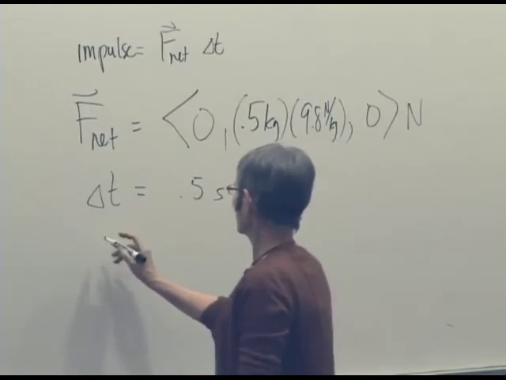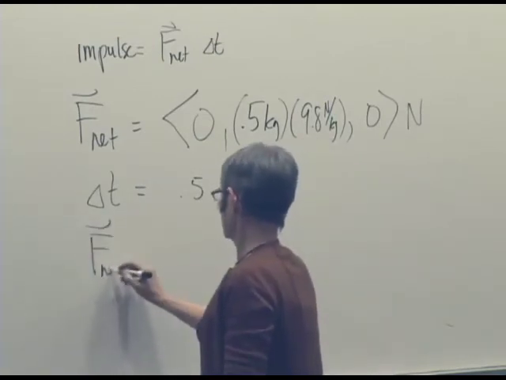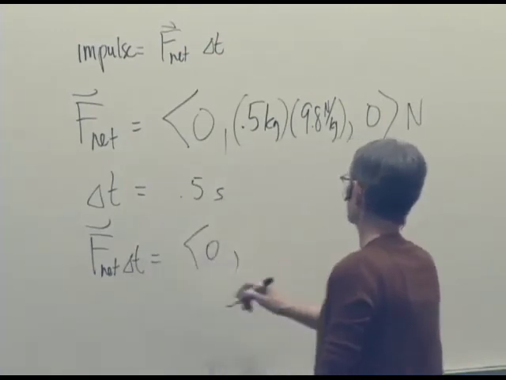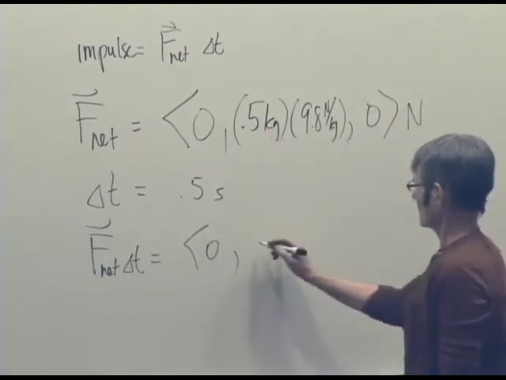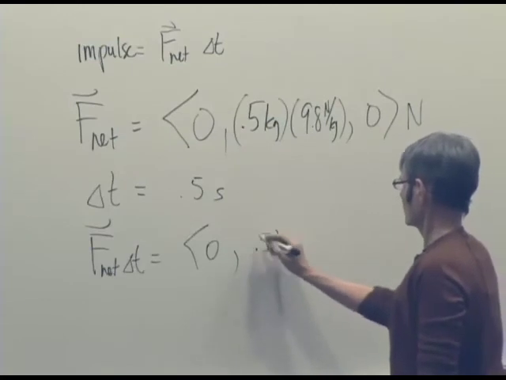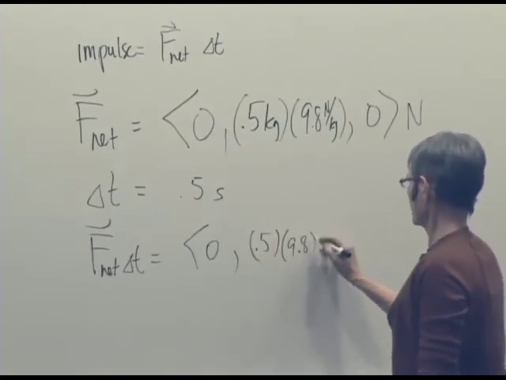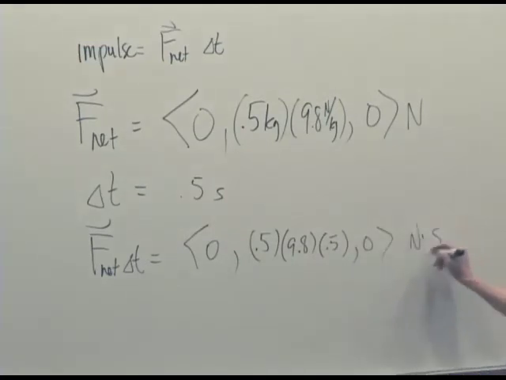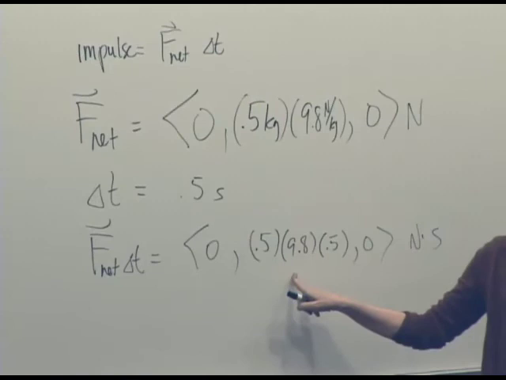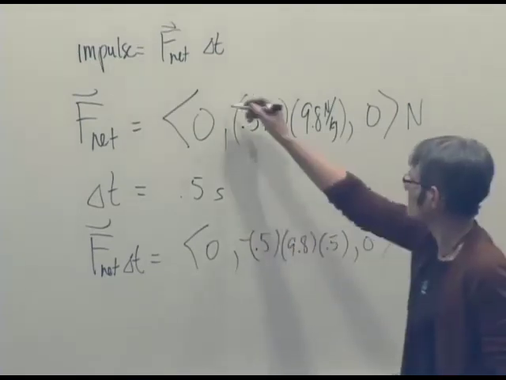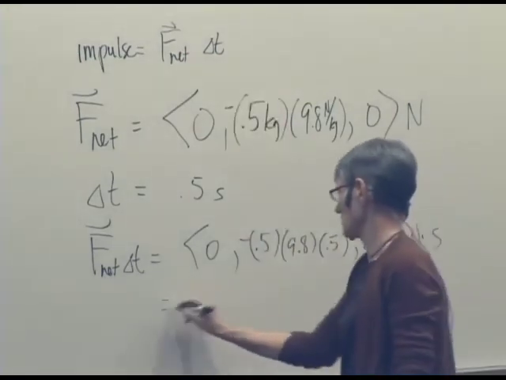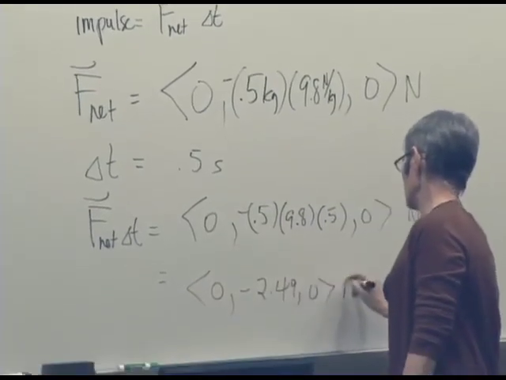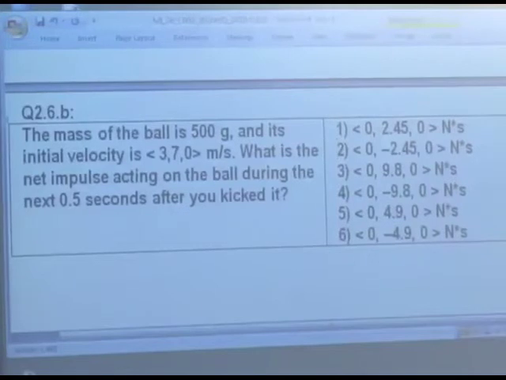And so F net delta t is going to be 0.5 times 9.8 times another 0.5, in Newton seconds. And what does this come out to? And there's a negative sign, isn't there? Yeah. So it comes out to 0, negative 2.45 Newton seconds.